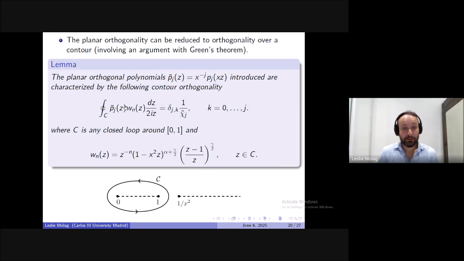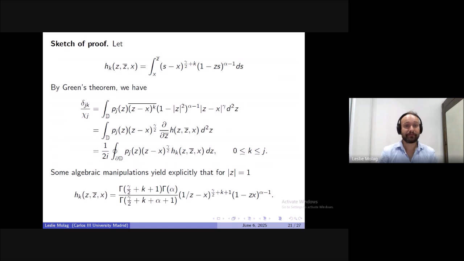And this weight W_n is defined like this. You might notice something important about this weight, which is that it's actually analytic. So that also means that you have some freedom in deforming this closed loop, which is indeed what we use in our proof. Well, this chi_j is related to the leading order coefficient. So let me sketch how this works.